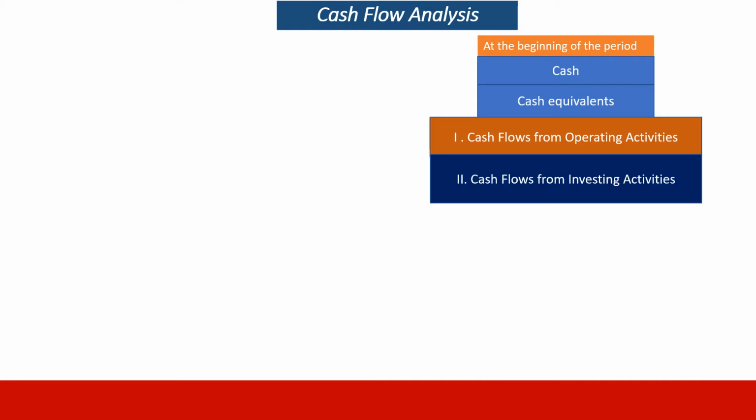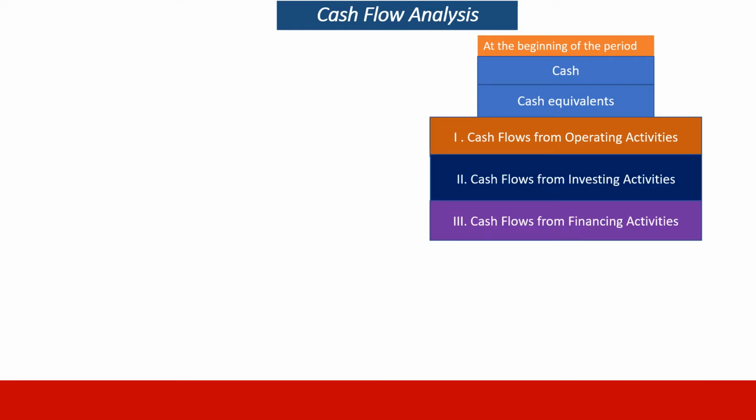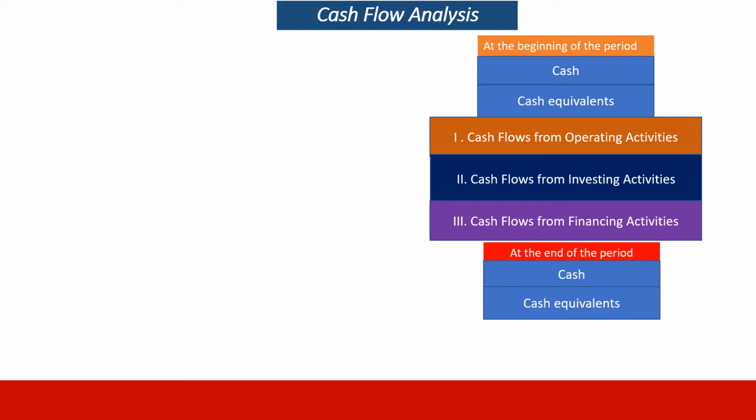From there, it talks of three flows: cash flows from operating activities, investing activities, and financing activities. And we close the statement with closing balance of cash and cash equivalents.